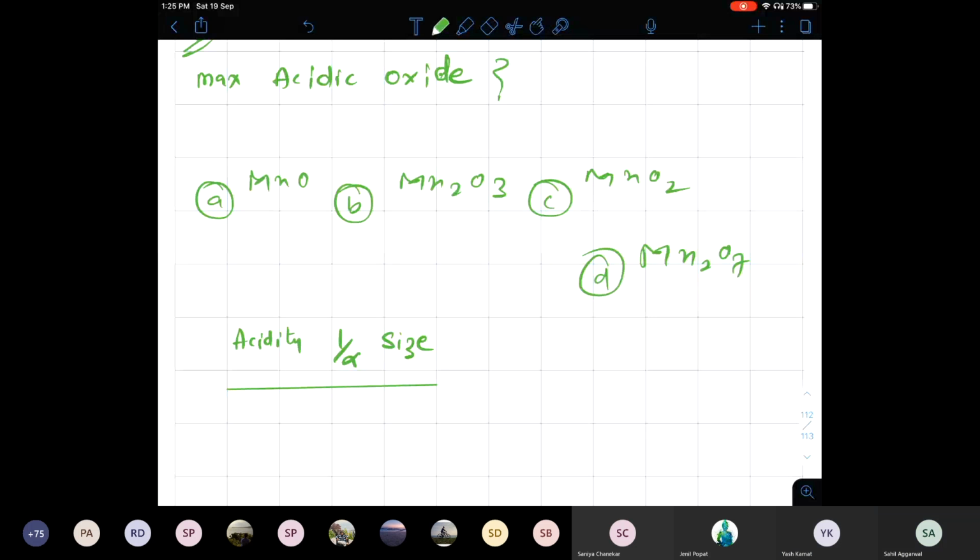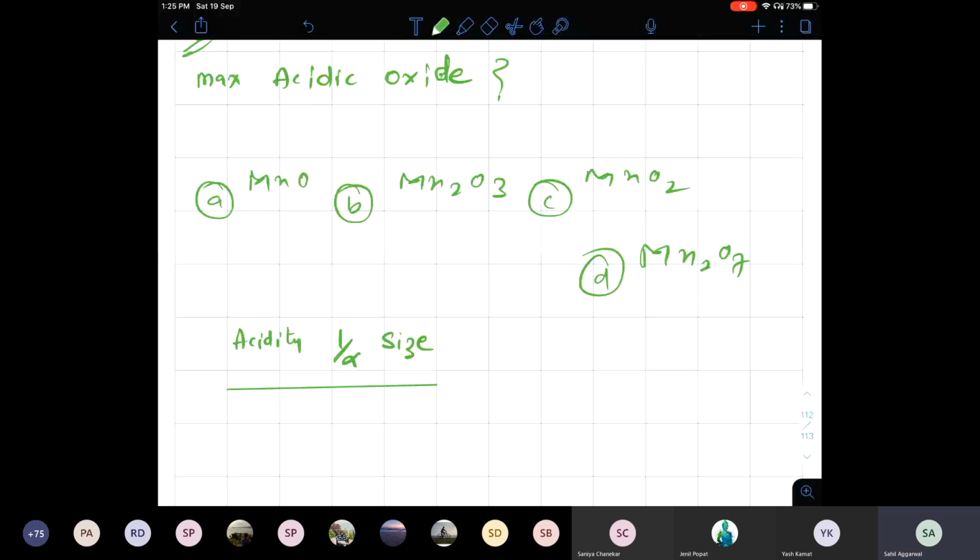It can lose maximum number of electrons. Should I repeat? So I didn't get how charge is related with this. See, acidity of oxide, if you relate with charge, then the maximum charge will have tendency to accept electron.